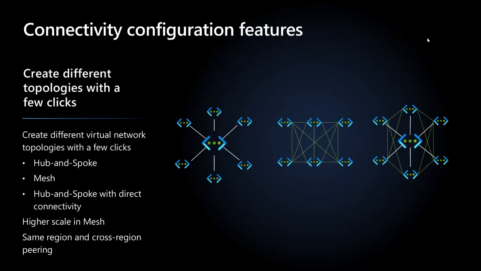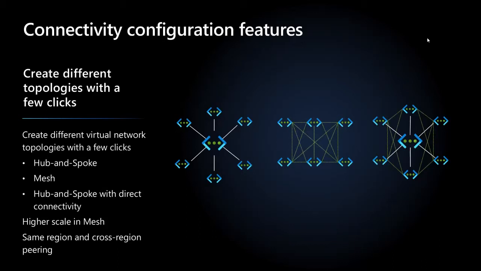Traditionally, creating these topologies can be cumbersome and very hard to scale, especially if you consider mesh topology. The number of connections you need to create using peering could be very massive.